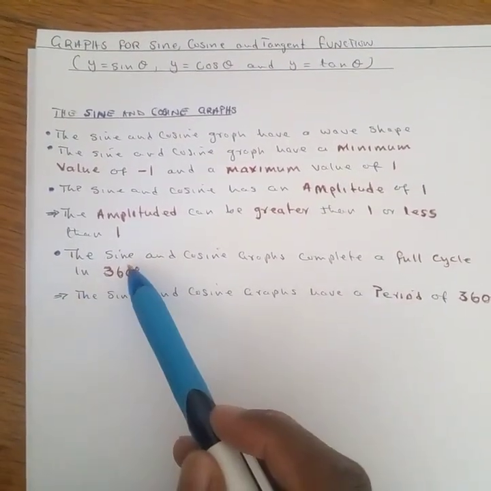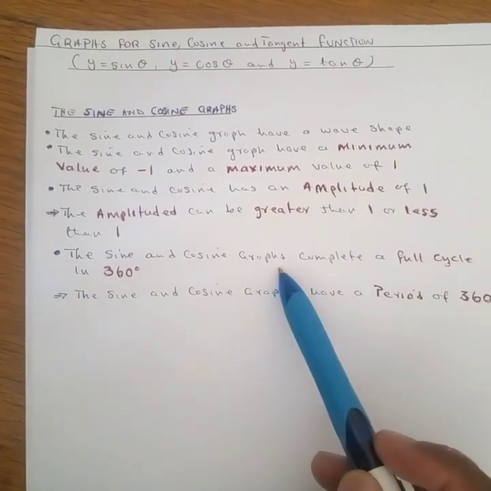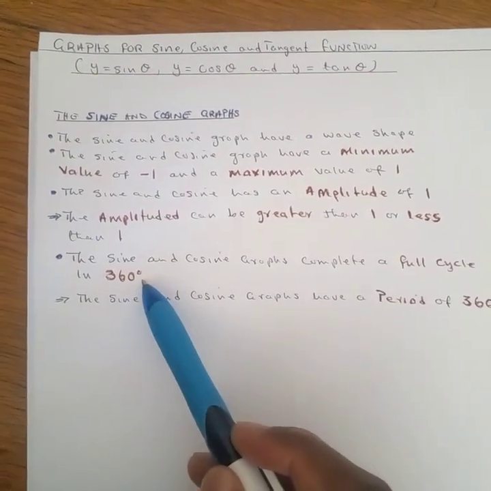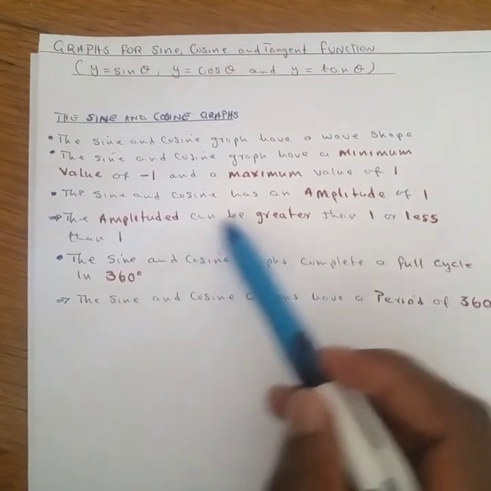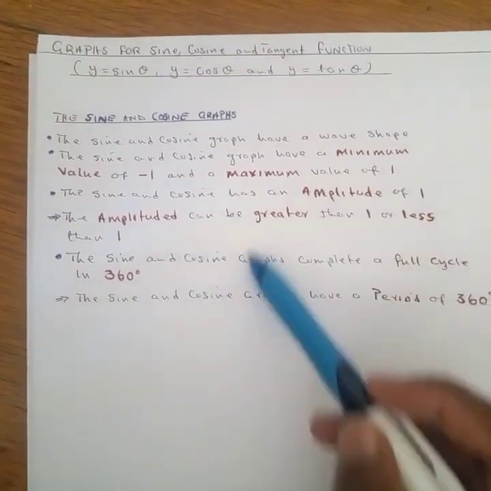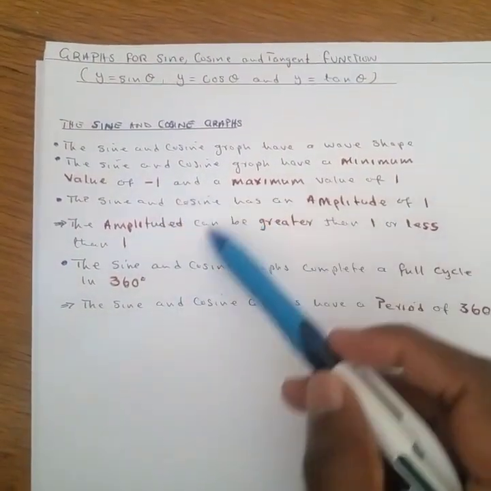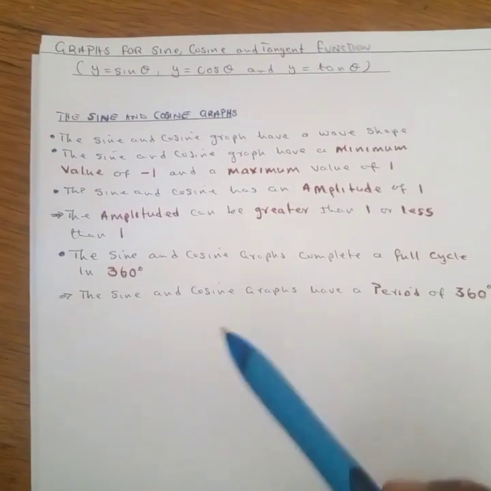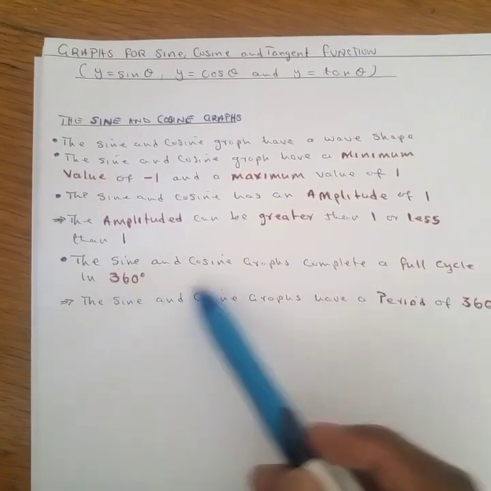Now, the sine and cosine graphs complete a full cycle in 360 degrees. So for the graph to be complete, it has to have a wave of about 360 degrees. Hence, because of this, we don't say the full cycle.